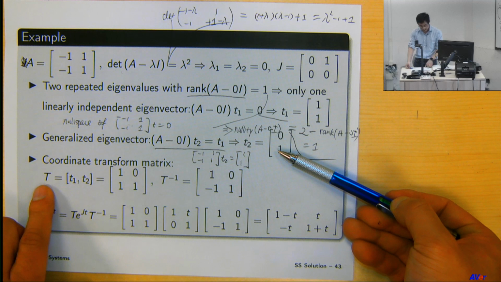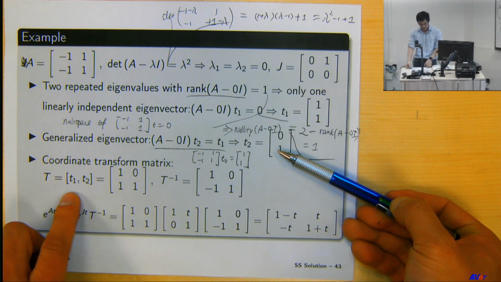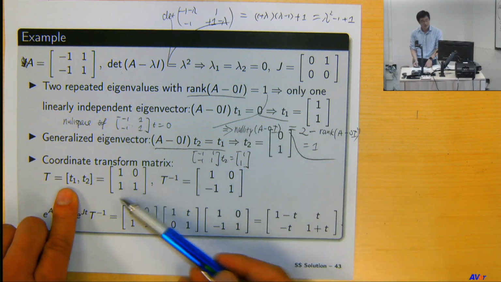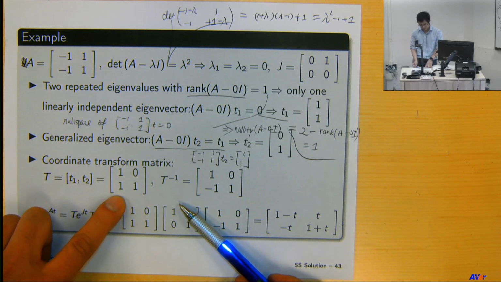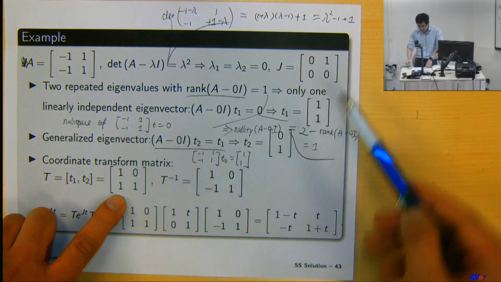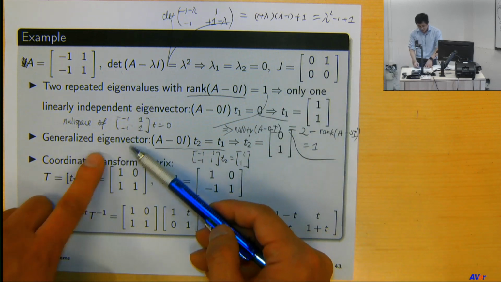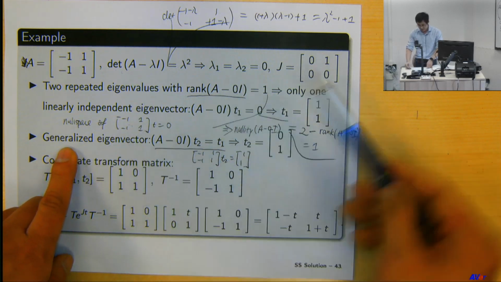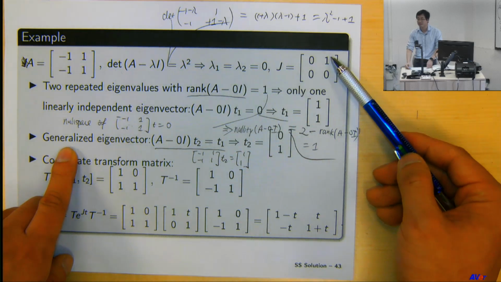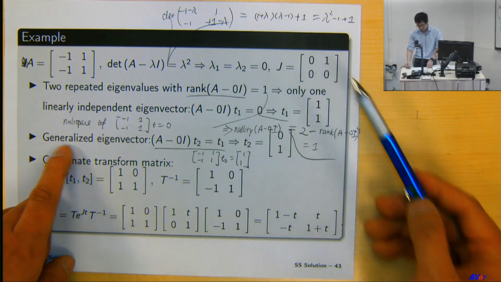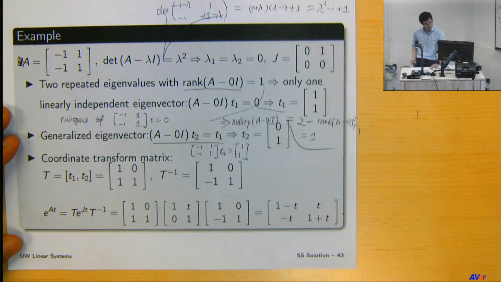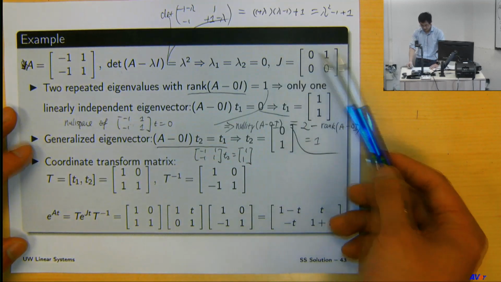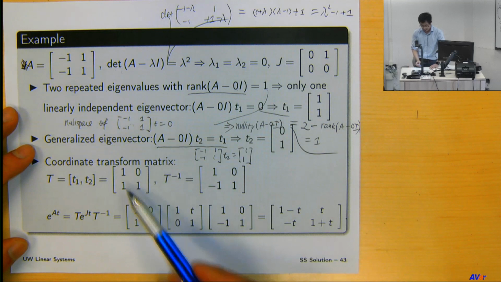So we can construct this coordinate transformation matrix T, and it has an inverse. Right? Because we are using generalized eigenvectors, it has to give a Jordan matrix J. Right? So you can see that this actually works out.